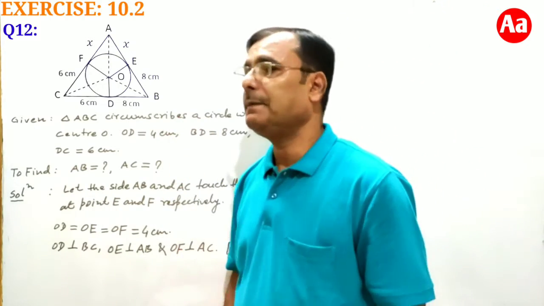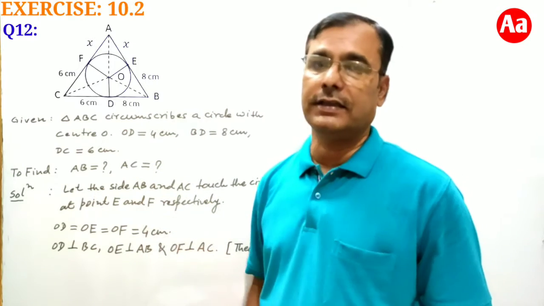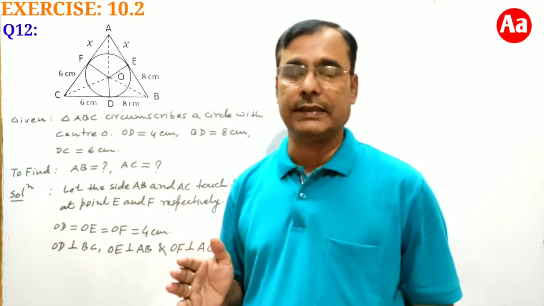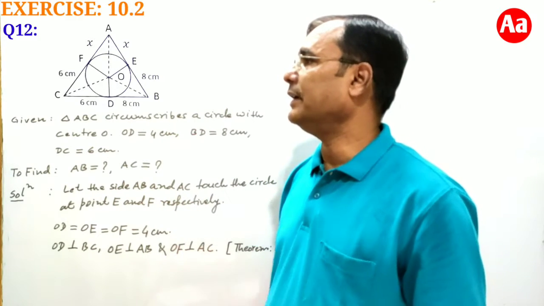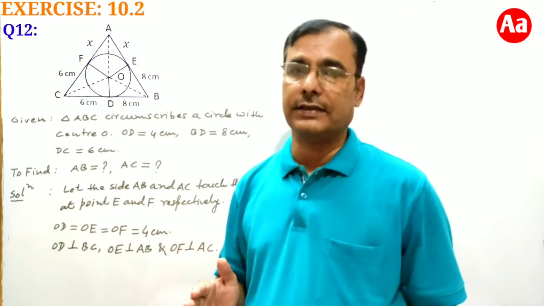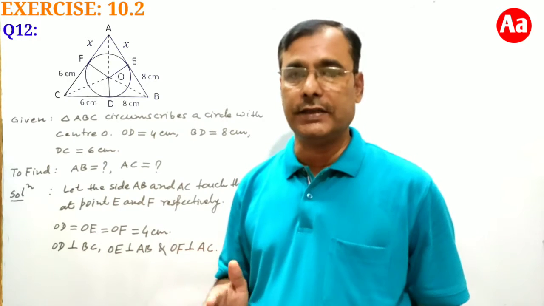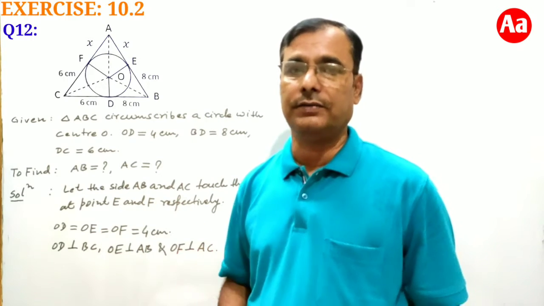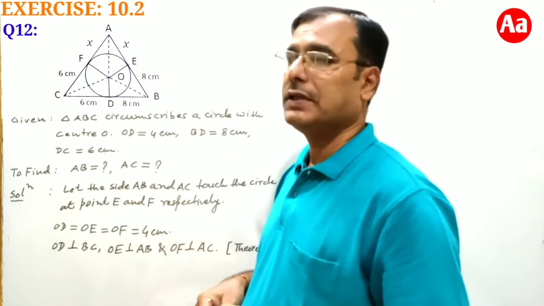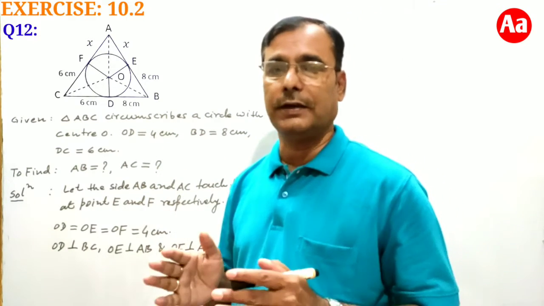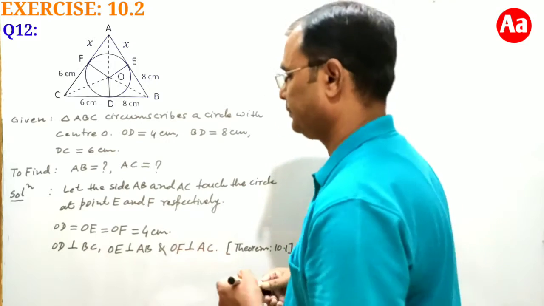From point C, as sides are touching the circle at point of contact D, E and F, so CD and CF are two tangents drawn from external point C to the circle with center O. So CD will be equal to CF according to theorem 10.2.